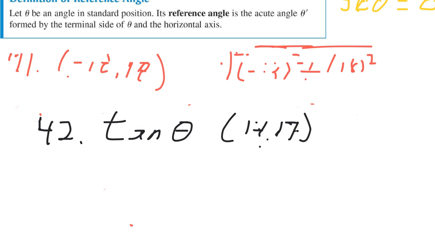Keeping in mind, the tangent is simply y over x. So tangent theta is going to be 17 over 14. You're done. It doesn't reduce, so you're finished. 17 over 14. Just leave it like that.